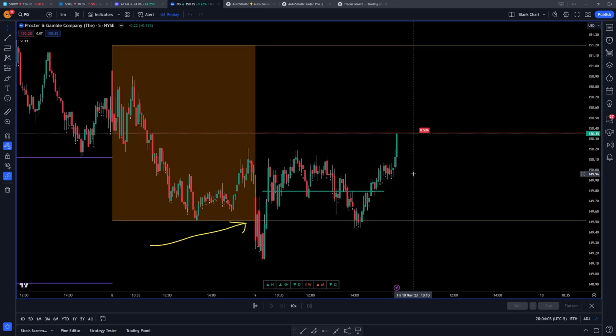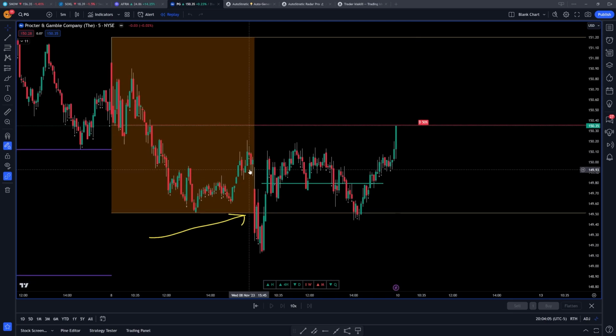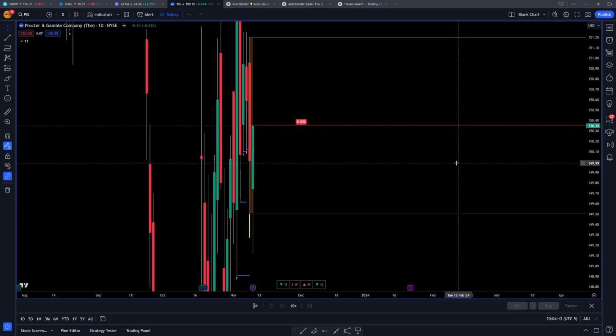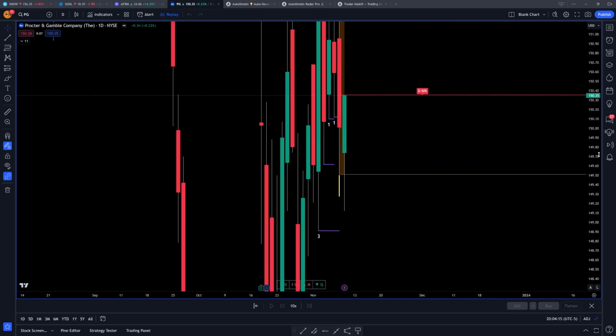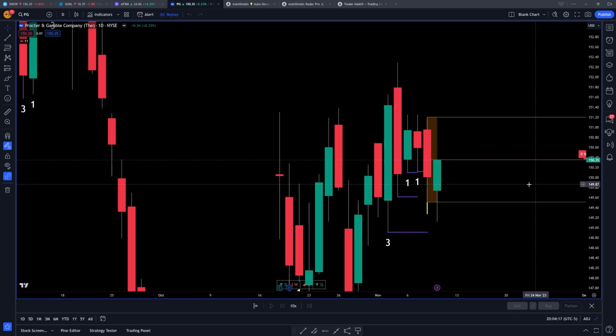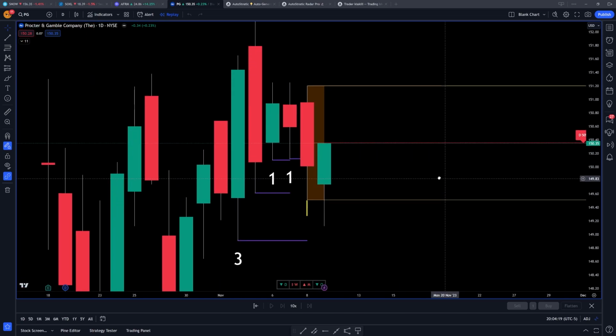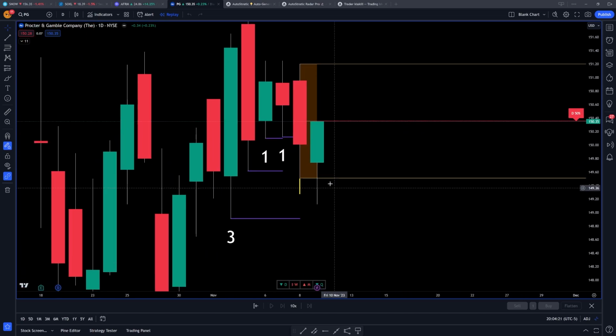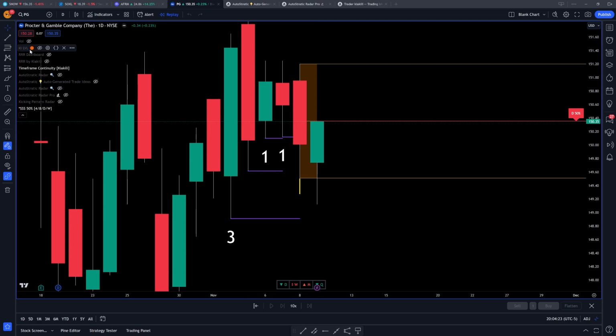Yep, it formed probably a hammer, right? Because we started at one point, we fell, and then we actually reversed. So if I go to the daily chart, it's close enough to a hammer, not exactly it. But we had a big wick on the bottom of the candle, didn't we?